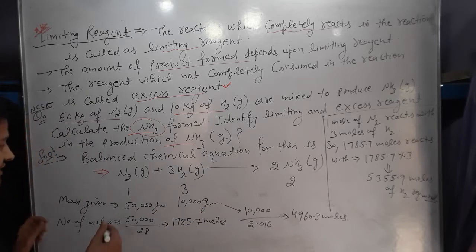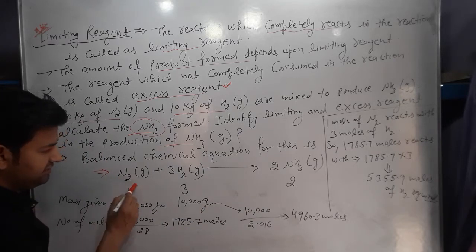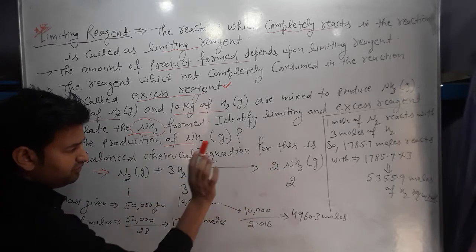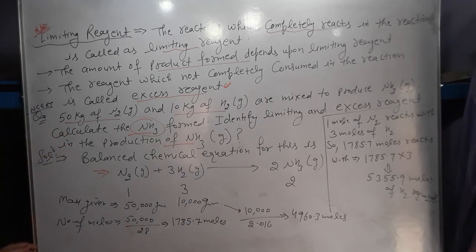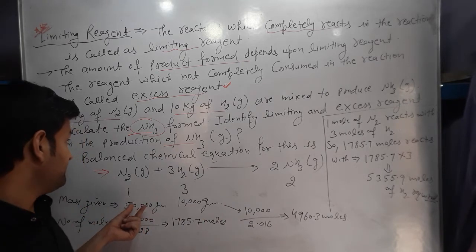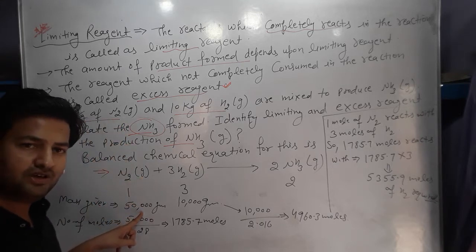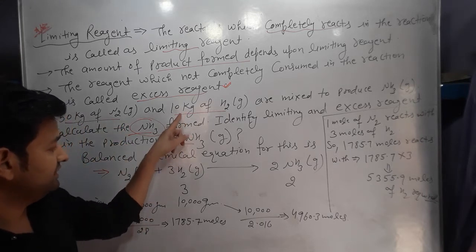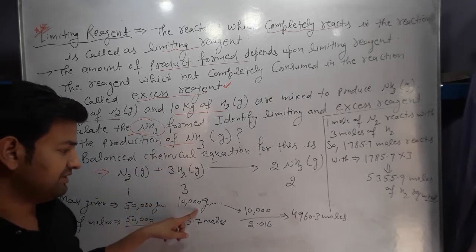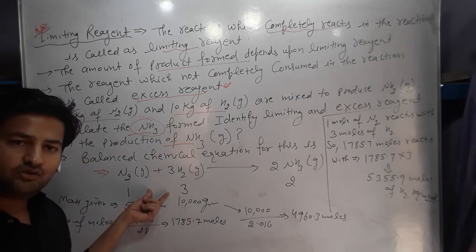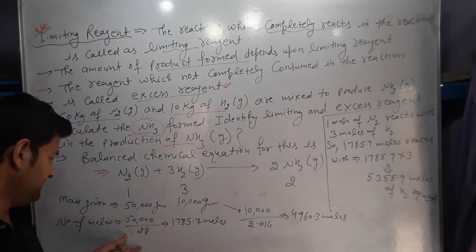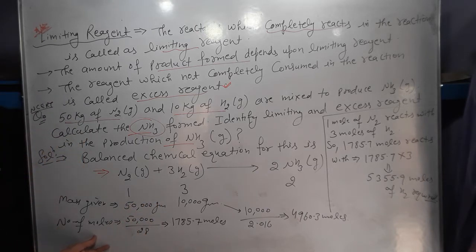So from here we know that 1 mole of nitrogen reacts with 3 moles of hydrogen to produce 2 moles of ammonia. In the question the mass of nitrogen is 50 kilograms, so in grams it is 50,000 grams. The mass of hydrogen given is 10 kilograms, so it is 10,000 grams. Now convert these into number of moles, which is mass by molar mass.